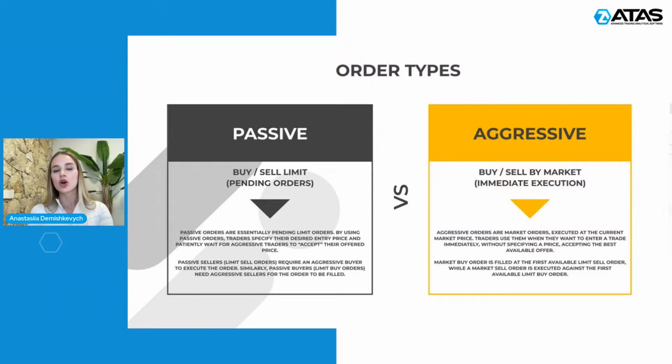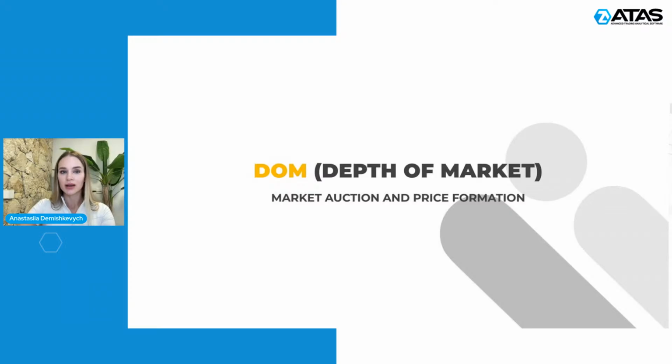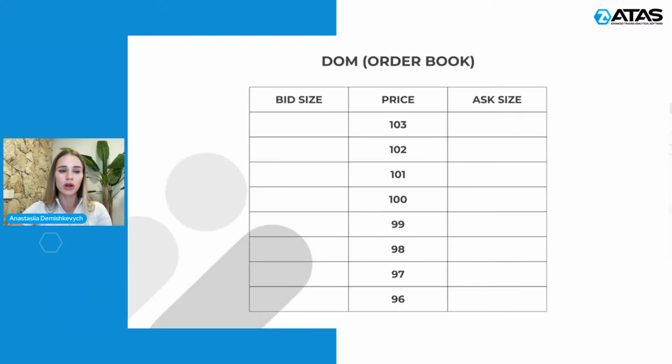So let's talk about the market auction and how the price is formed. And for this, we are going to use the simplified version of what is called the depth of market. Some of you perhaps heard about it, some of you maybe even use it. And for those who don't, that's something that you will learn today on our webinar.